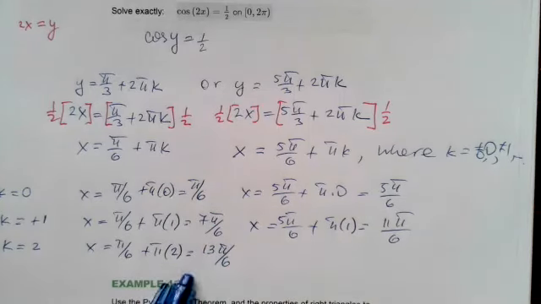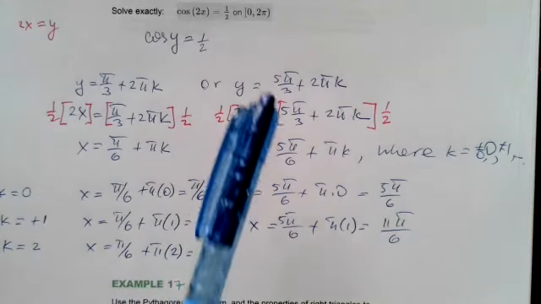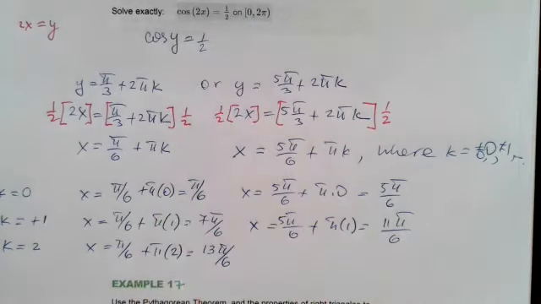That already is outside the range. This is bigger than 2 pi. So this is not in the domain. Well, I'll write that later. Okay, and the same thing is going to happen for our second solution, 5 pi over 6 plus 2 pi. Well, you could just know that it's 2 pi plus something.